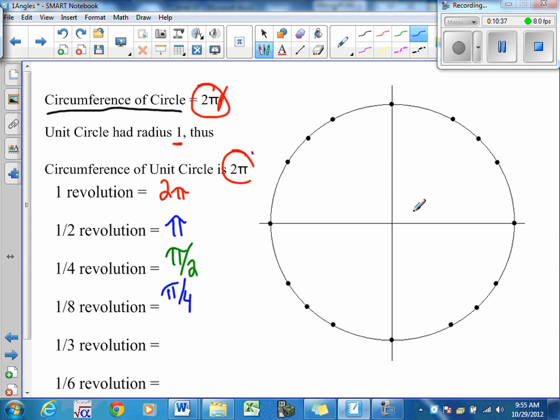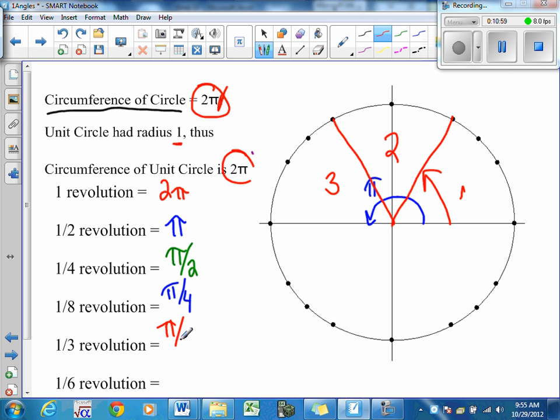Now, let's look at once again our angle of pi, halfway around our circle, and let's divide it into 3 sections. 1, 2, 3. So that tells me that that angle is pi over 3. And if I divide that again, that's going to give me pi over 6.